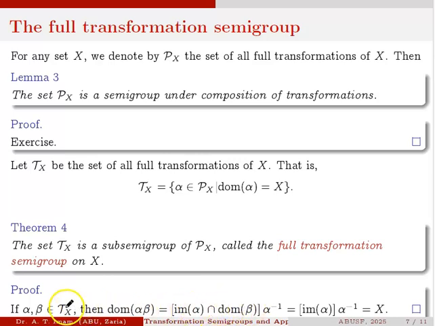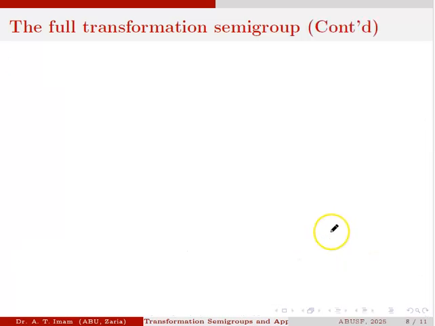But since beta is a full transformation, this domain is X. So we are intersecting X with a subset of X. So this will be the subset Im alpha of X. And then in alpha inverse, this is exactly X. So therefore the domain of the composite of any two full transformations is still X, a full transformation. So therefore the composition is closed in this particular collection of all full transformations. So therefore it is a sub-semigroup of Px called the full transformation semigroup. So we have a special semigroup consisting of all full transformations.